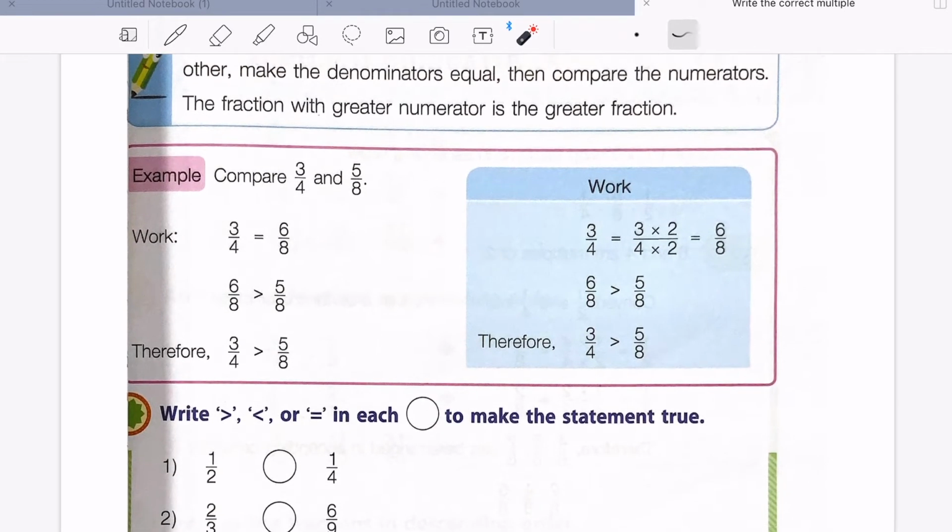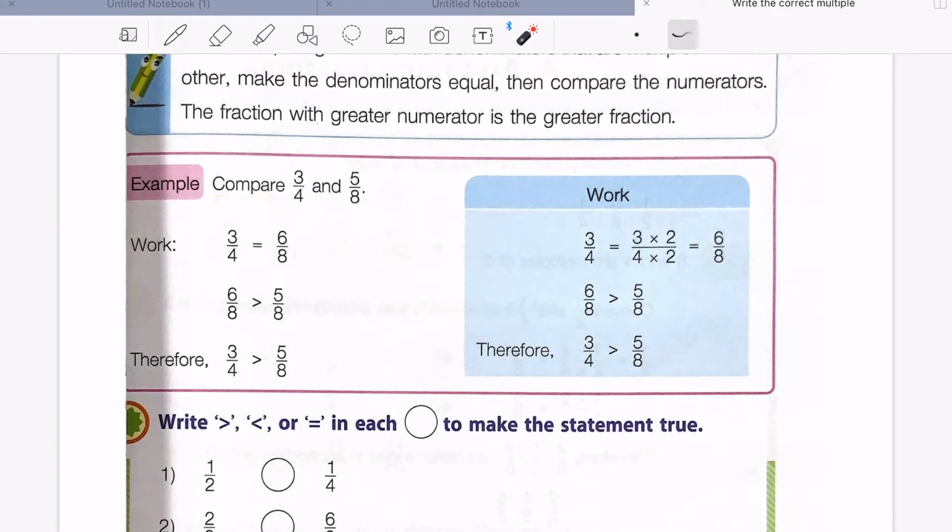So here it says compare 3/4 and 5/8. To turn 3/4 into eighths, we have to turn it to the same denominator to compare. So 3/4 is the same as 6/8. Here we can see their work. 3/4 equals, right?